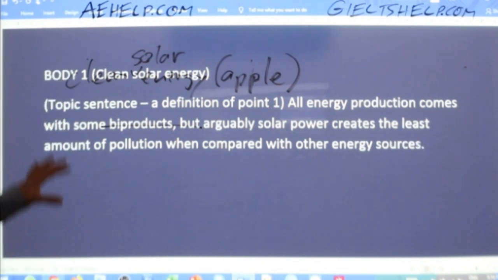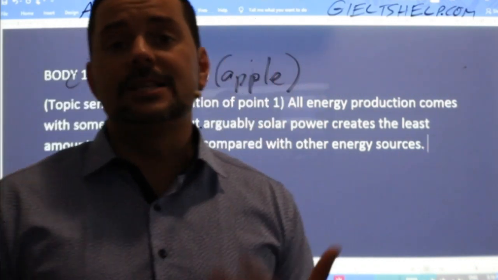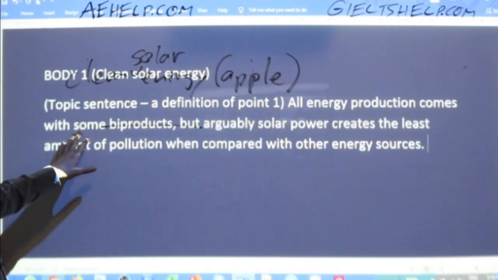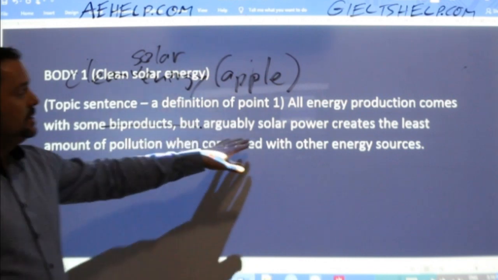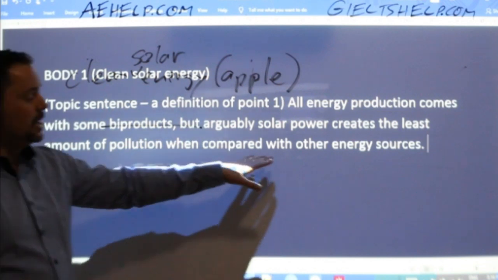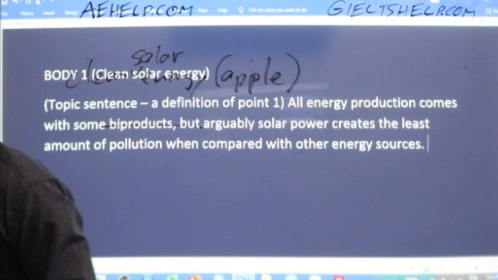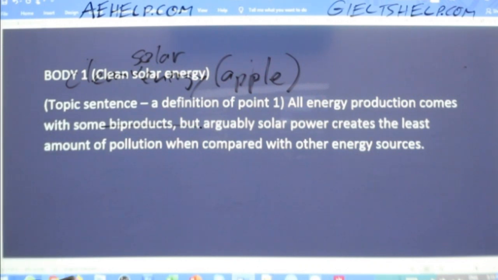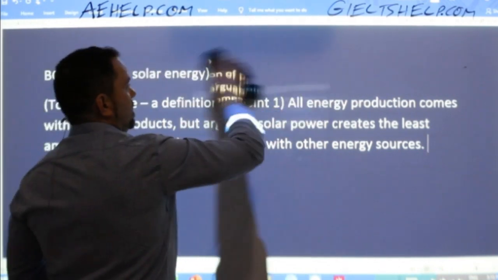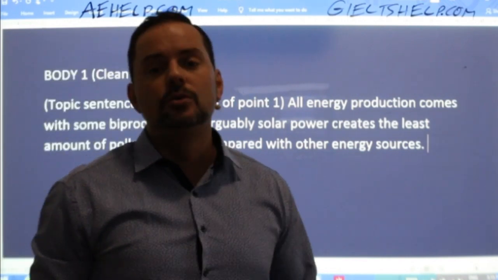So this is what I would write to describe the apple, meaning what I say by clean energy. So all energy production comes with some byproducts, but arguably solar power creates the least amount of pollution when compared with other energy sources. Okay? So that is my definition of clean energy. It means producing energy at the lowest cost to the environment.